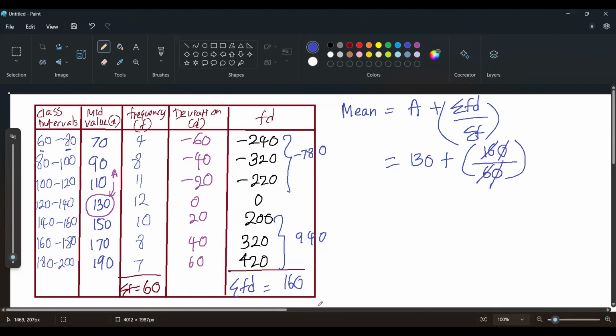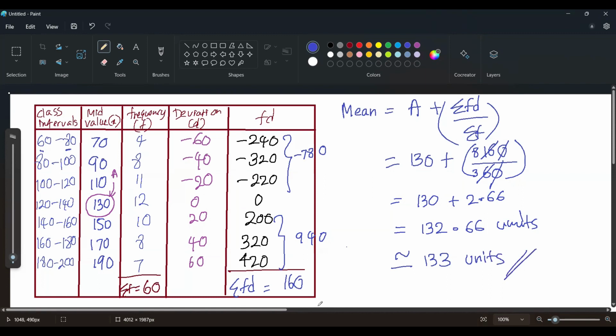If you cancel by 2, it's 8 over 3. 2.66 something like that, no? 2.66, it is 132.66 units. Okay, they are asking to round to the nearest value, so it should be 133, as it is more than 0.5. 133 units. You have to do like that.